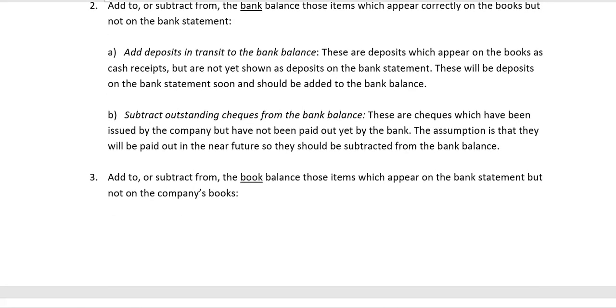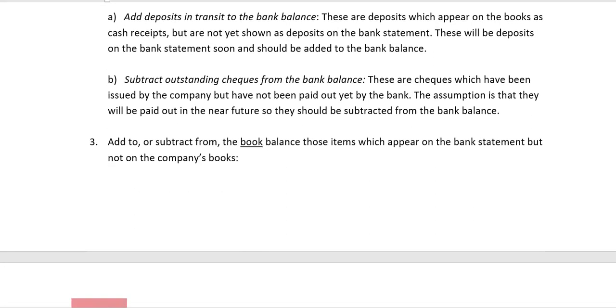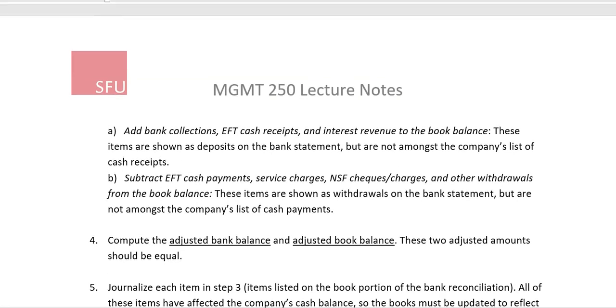Add to or subtract from the book balance those items which appear on the bank statement but not on the company's books. So we have bank collections, EFT, and interest revenue being added to the book balance, and we subtract off EFT cash payments, service charges, NSF checks and charges, and other withdrawals from the book balance.